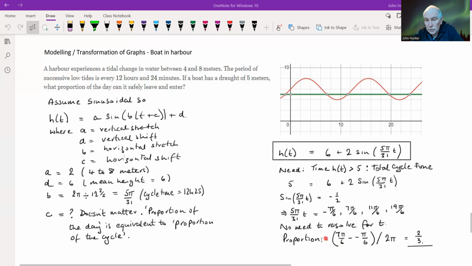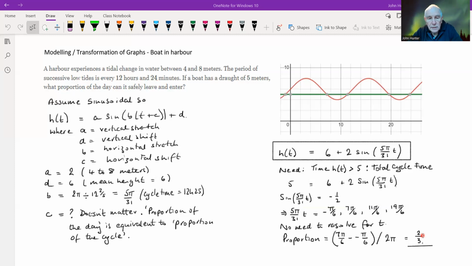The difference between that and that is 7 pi over 6 minus pi over 6, and we divide that by 2 pi, the unadjusted cycle time, and that gives us 2/3. So the answer is that this boat can enter and leave the harbour 2/3 of the day. The other third, there isn't enough water for it to move around.